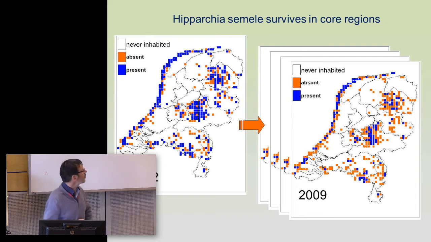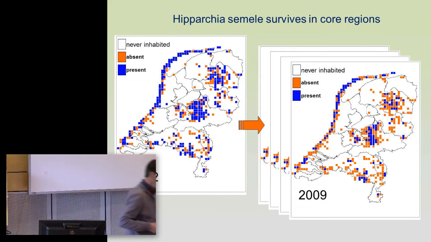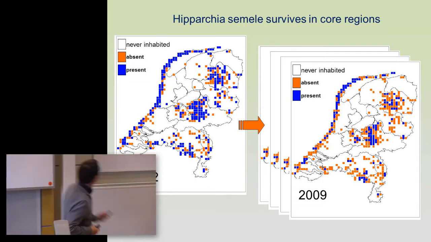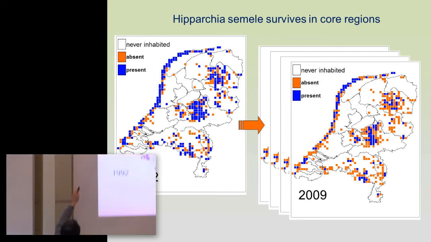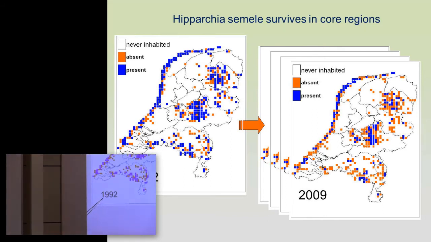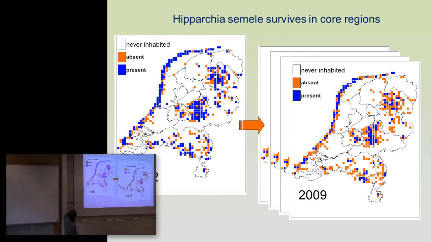Here's an example of one of our butterflies. We created annual maps with occupancy modeling, and what you could see from this species is that, gradually, blue is where the species was present in 1992, white is where they never occurred, and yellow is where they were absent.